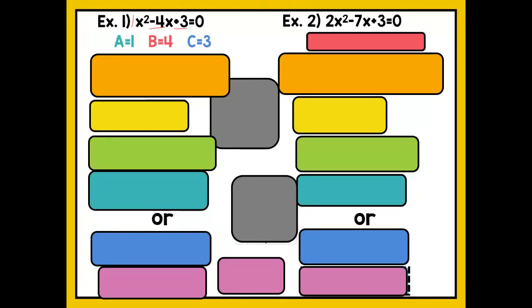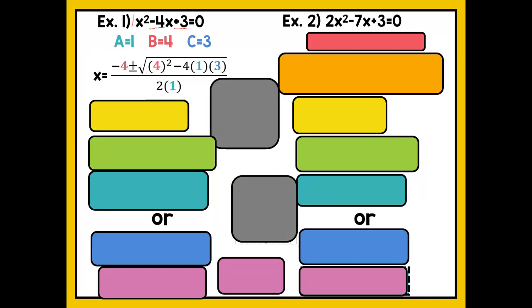And now you have your A, B, and C to plug into x equals -b plus or minus the square root of b squared minus 4ac all over 2a. And plug that in. All right, -b is 4, plus or minus the square root of b squared minus 4ac all over 2a.